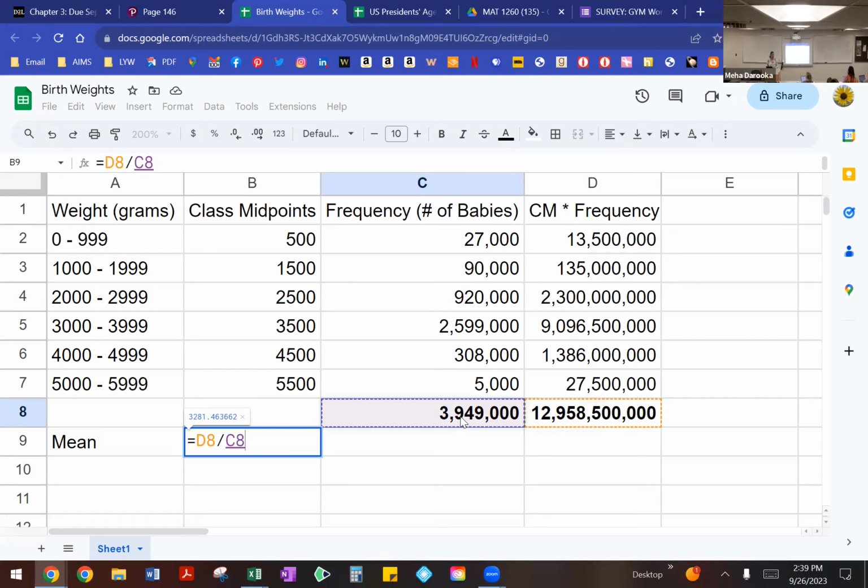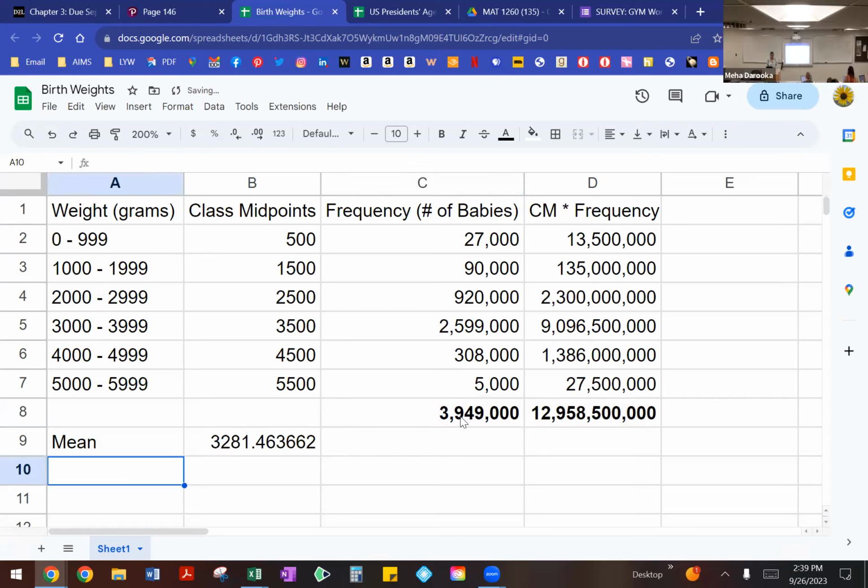Because you're talking about the average weight of a baby, you don't want it to be in 650,000. And you can see our majority of the babies were apparently between 3,000 to just shy of 4,000 grams. I'm trying to remember the conversion from grams to pounds.